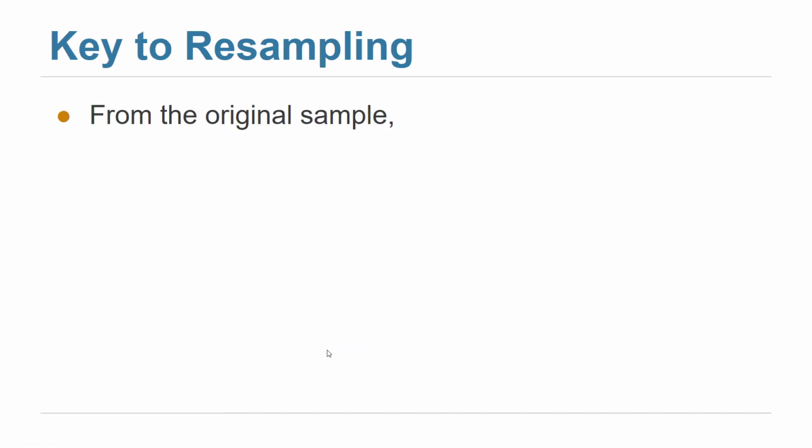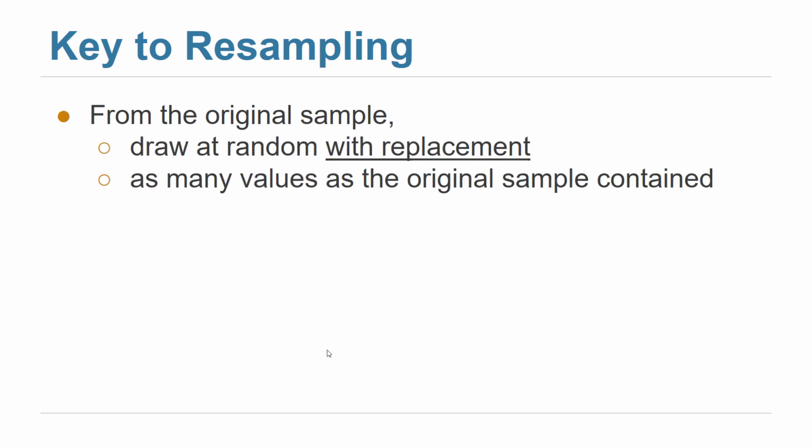So the key to resampling is the following. From the original sample, we draw at random with replacement as many values as the original sample contained. Let's try to understand this. If the original sample has 300 values, we will draw 300 values from that sample with replacement.